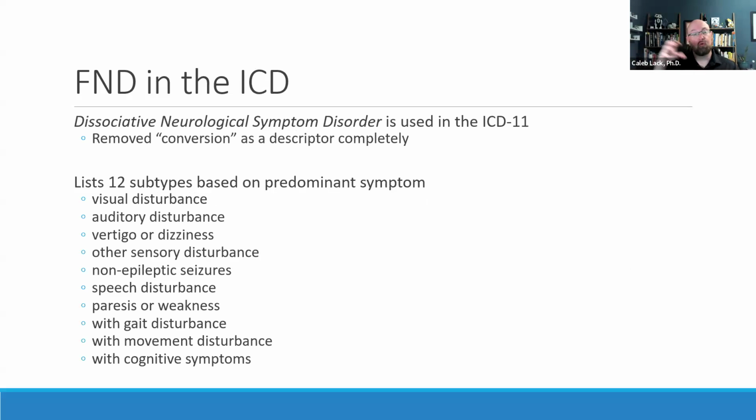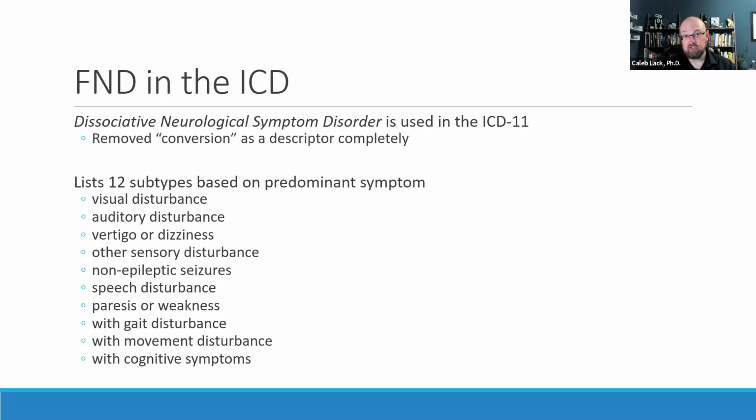The removal of conversion as a descriptor was very purposeful because they're trying to become atheoretical, not keeping leftover terms from theories that many people don't subscribe to nowadays. So they took conversion completely out and instead have a number of subtypes of dissociative neurological symptom disorder based on the primary or predominant symptom. And you can see those there.